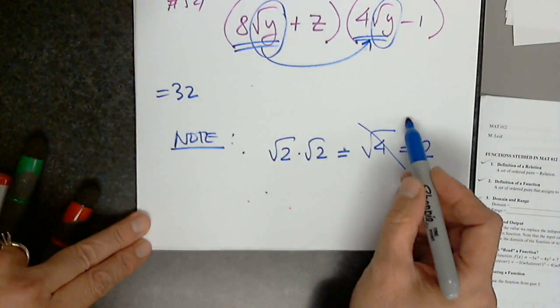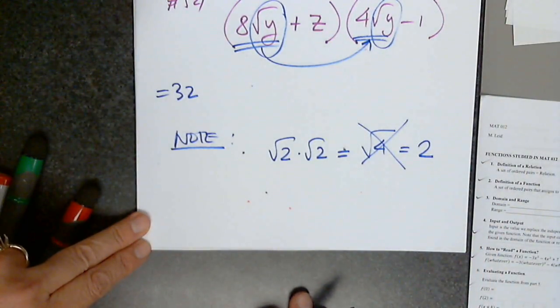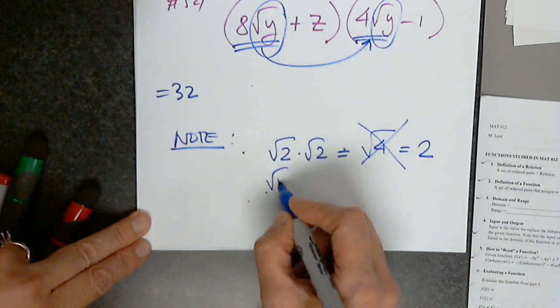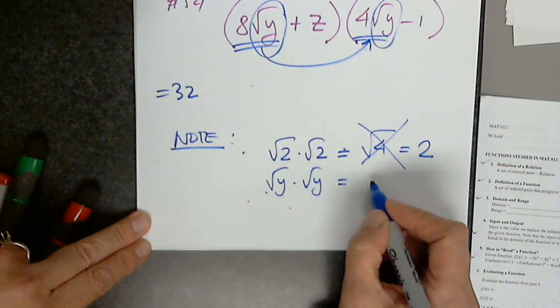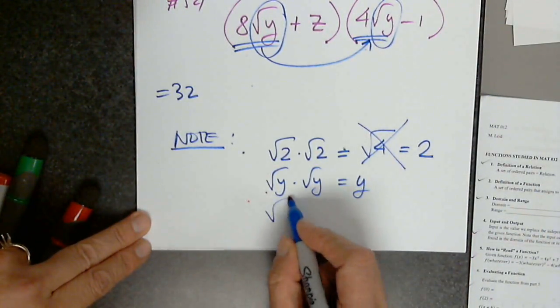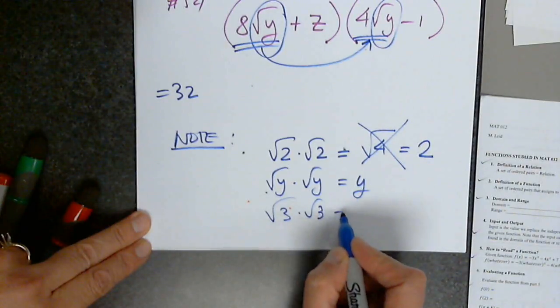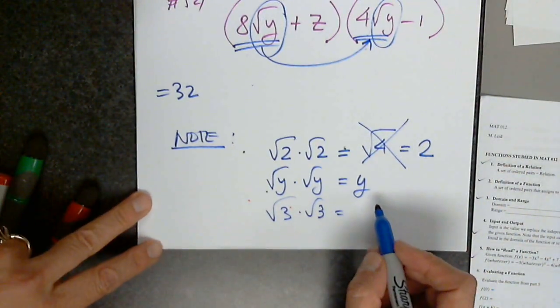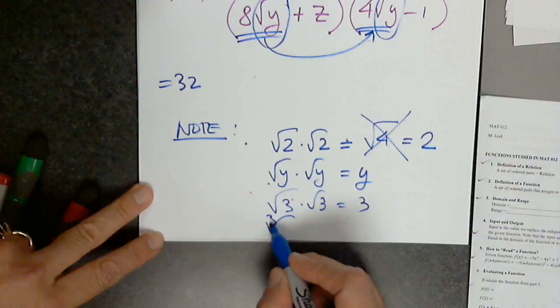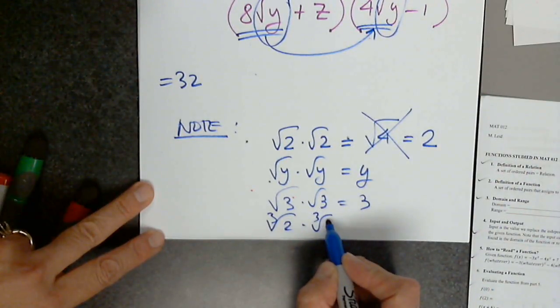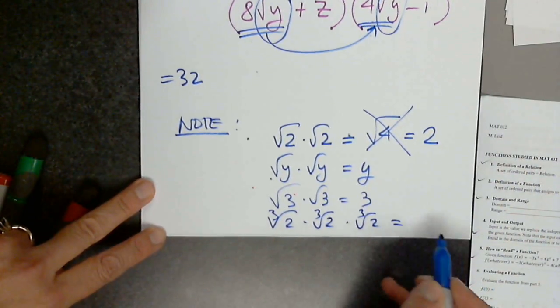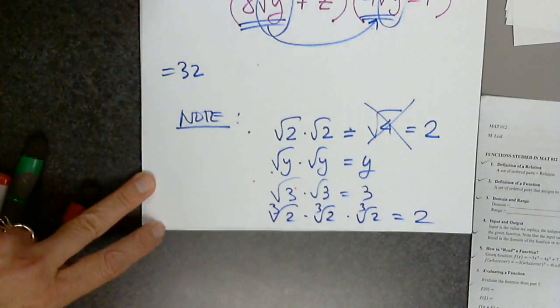I would like from now on to skip the middle step. And I'm going to ask you, the square root of y times the square root of y is... the square root of 3 times the square root of 3 is... the cube root of 2 times the cube root of 2 times the cube root of 2 is, yes.